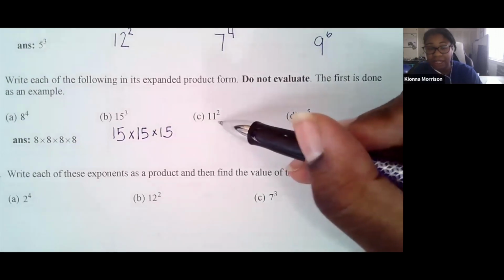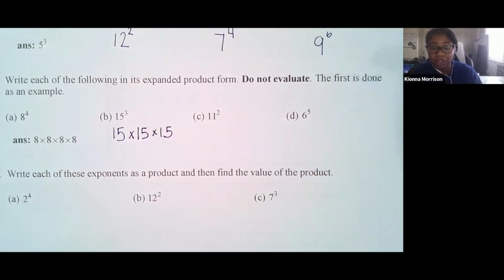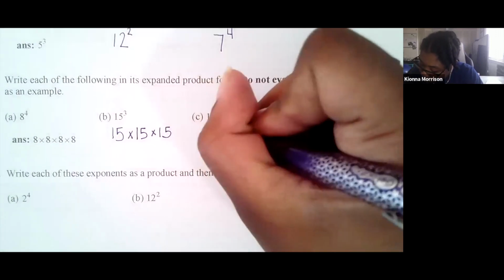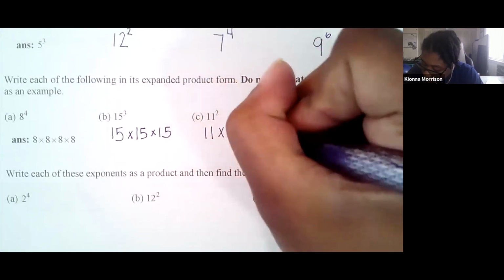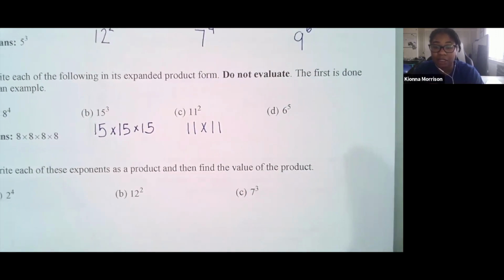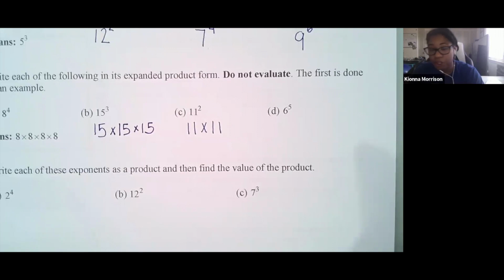Now I have 11 squared, or 11 to the second power. Take a minute and write this one on your own. All right. Check with me, and you should have something that looks like this. 11 times 11. Now we have our last one, 6 to the fifth power.